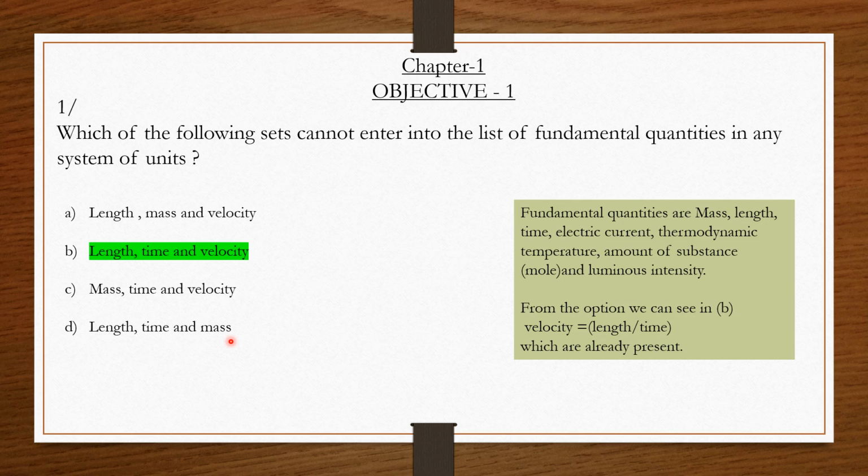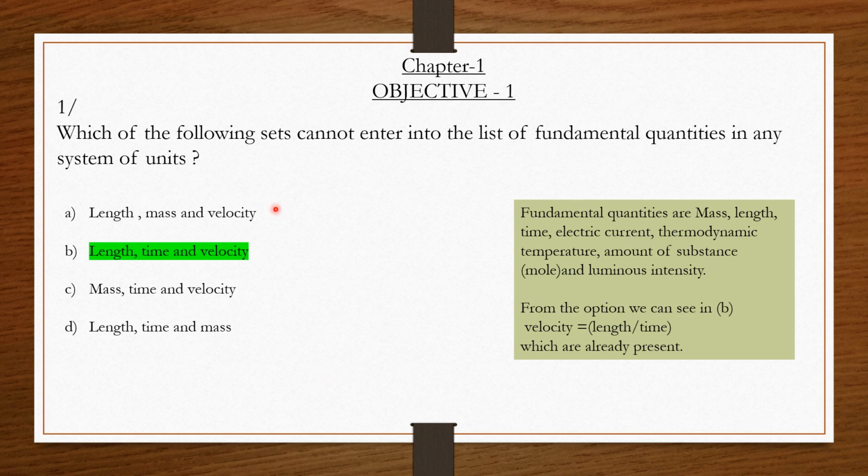So here the right answer will be option B, that is length, time and velocity. And the reason is, we know the fundamental quantities are mass, length, time, electric current, thermodynamic temperature, amount of substance that is in mole, and luminous intensity.